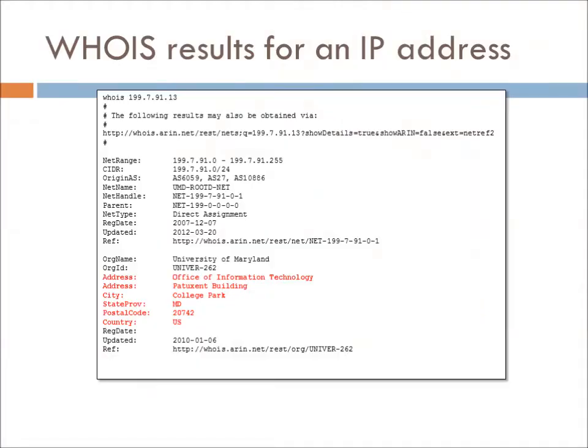Now, here's an example running a Whois operation for that same root DNS server that I tested with the traceroute. During this operation, we can quickly see that we have some very valuable physical address information that is offered here. Not only can we see the country and the state, but we can also see the city, the postal code, and even the address of the building where this IP address is connected to.